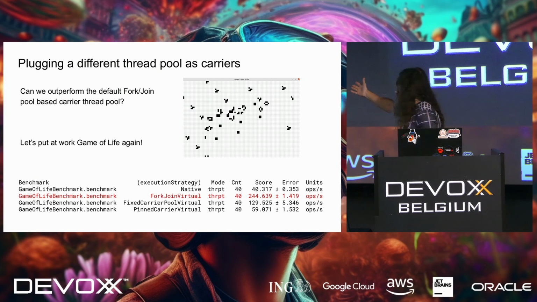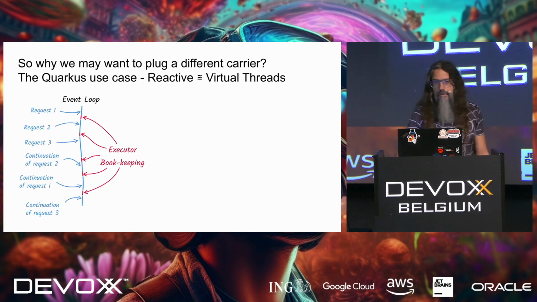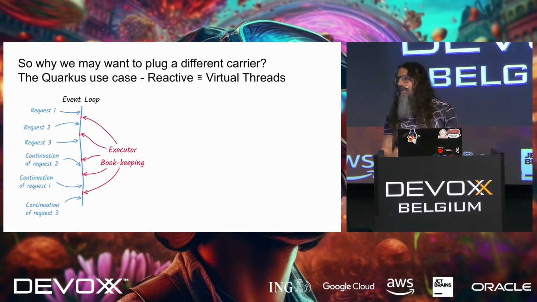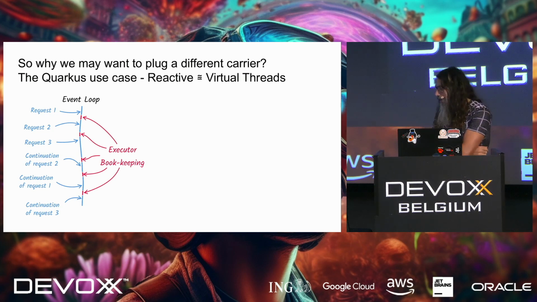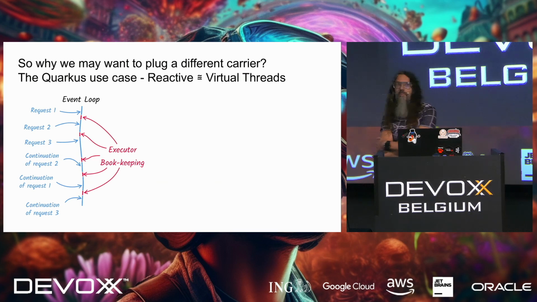And the default fork join implementation outperforms all my stupid experiments. That's nice, okay? The default carrier pool is doing pretty well, so why would you want to replace it?